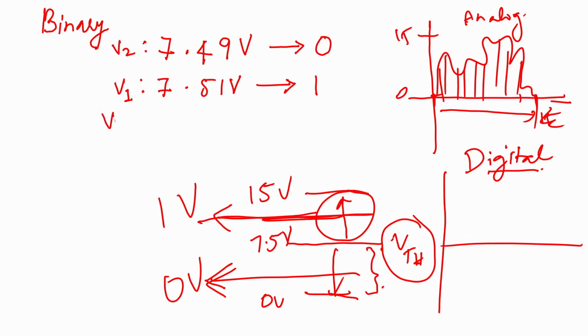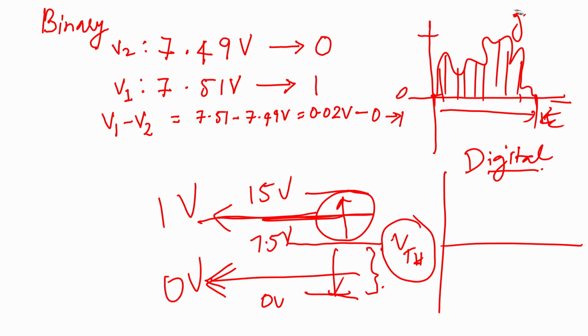For a voltage change of V1 minus V2 equal to 7.51 minus 7.49 volt, which is equal to 0.02 volt, we got a digital logic change from 0 to 1, correct. So, this is very dangerous from a circuit design point of view.